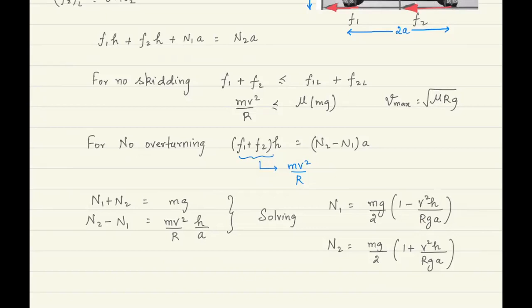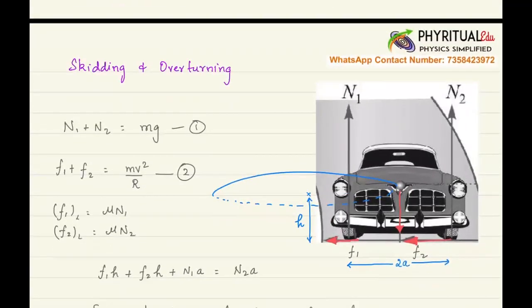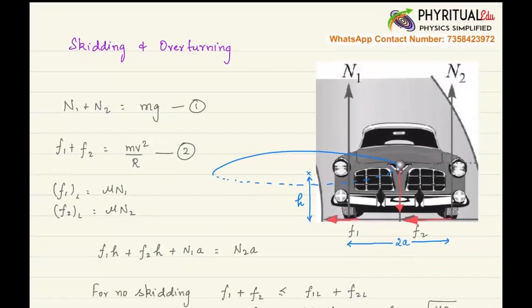Eventually, if you keep increasing the speed of the car, N1 can become 0 for a particular speed. N1 becoming 0 means what? Go back and look at the car diagram. If N1 becomes 0, it means this wheel has lifted off from the ground and the car is in danger of overturning.